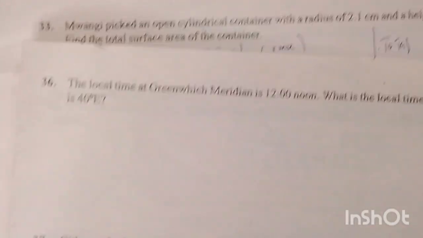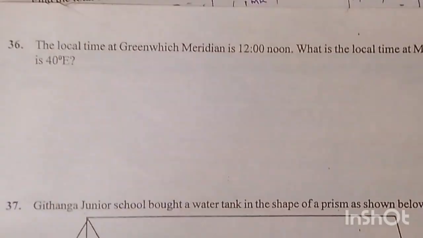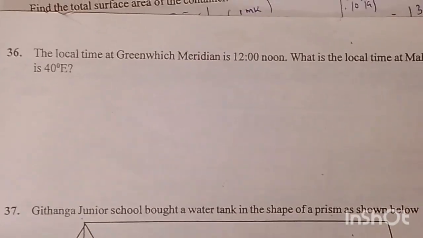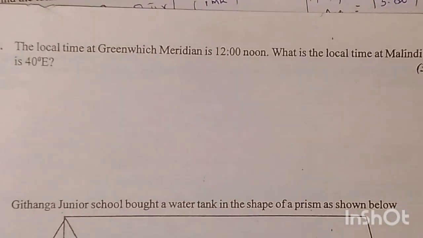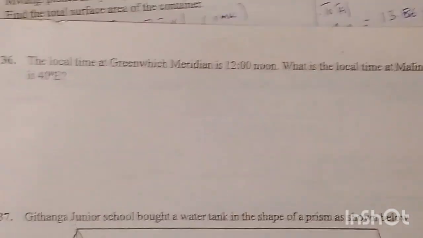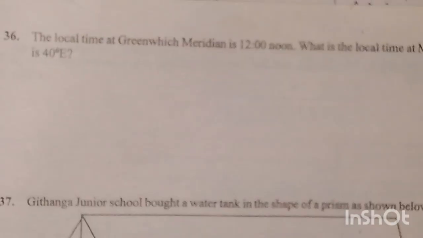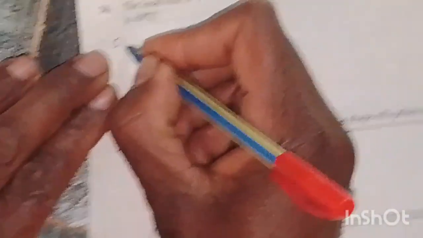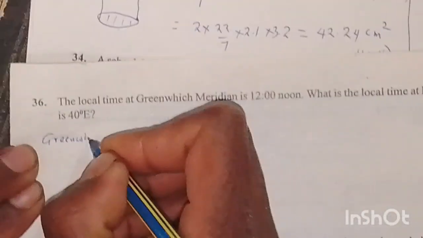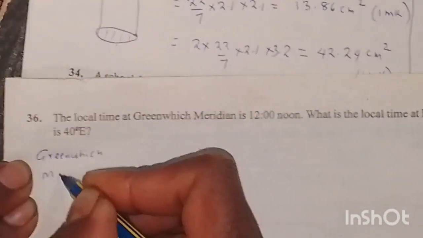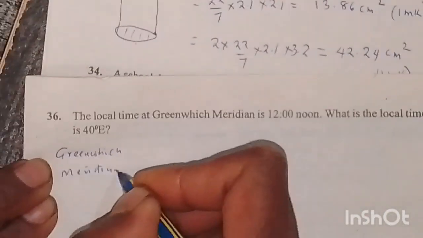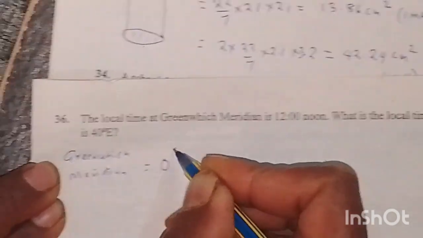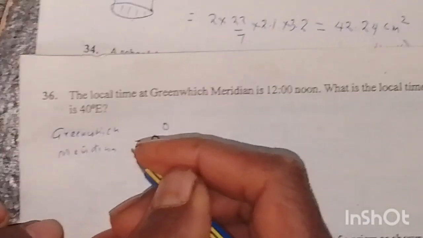Question number 6. The local time at Greenwich Meridian is 12 noon. What is the local time at Marindi, which is 40 degrees east? Now, you should understand that Greenwich Meridian is 0 degrees, not east nor west.